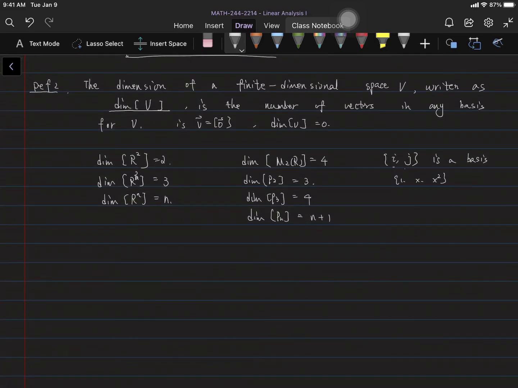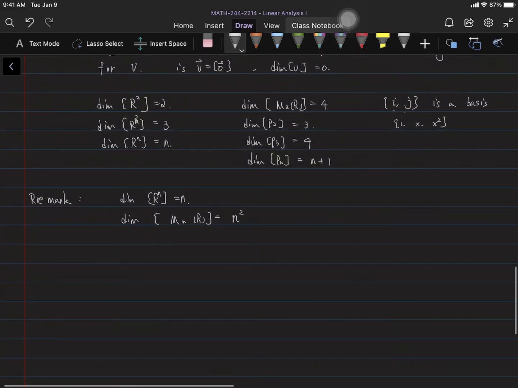Let me just give you the conclusion. The dimension of Rn is n. The dimension of MnR is n squared, so 2 by 2 means 4.